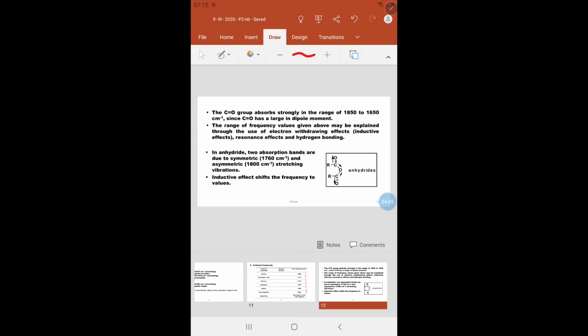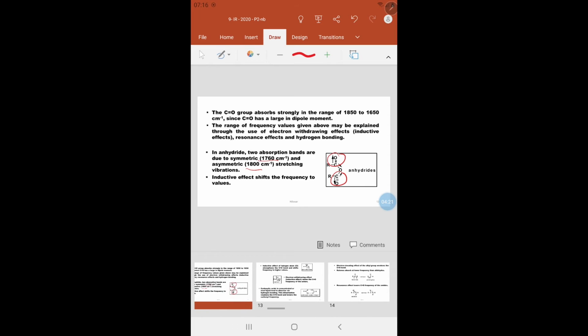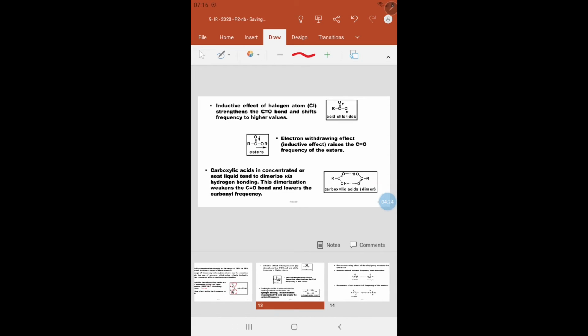Okay, so this is for anhydride. How do you know that you have an anhydride? You must see 2 C double bond O peaks, in the region of 17-something and 18-something. These 2 peaks are very intense and no way you can miss them. For acid chloride, if you look at the list, the C double bond O for acid chloride is very high compared to other carbonyl compounds.